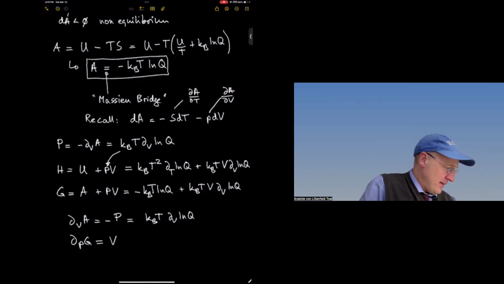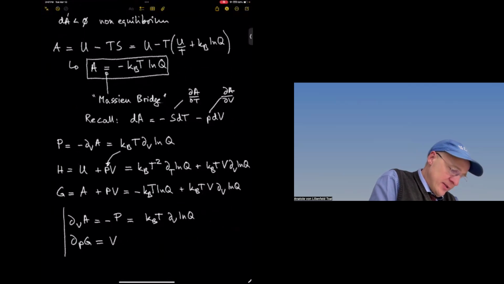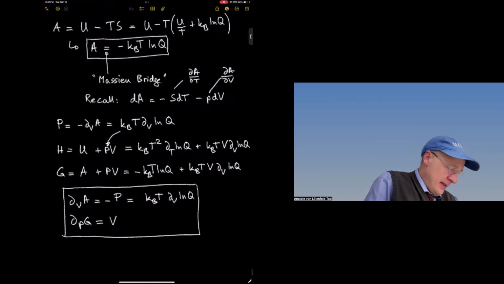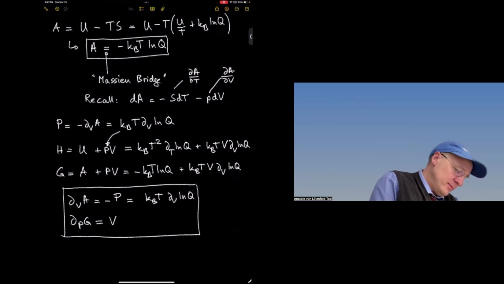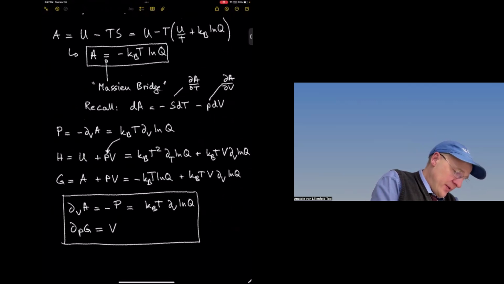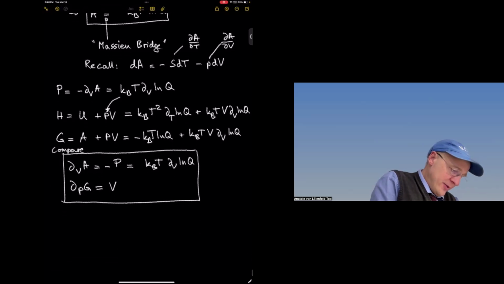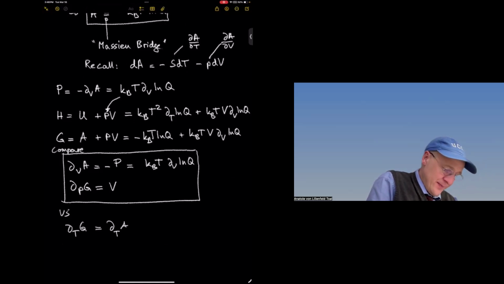And so this is the PV derivatives. And so compare versus T. dG dT, this turns out is the same as dA dT, which is minus S. Okay.